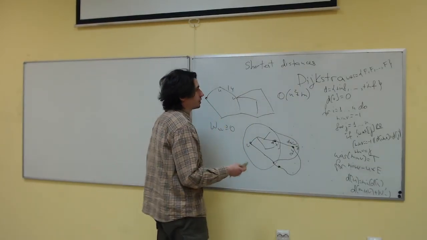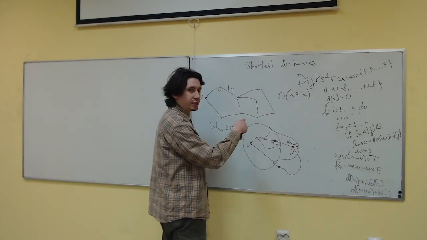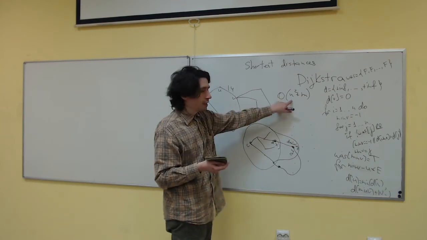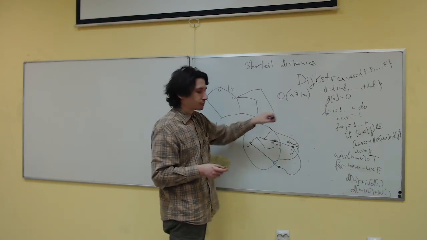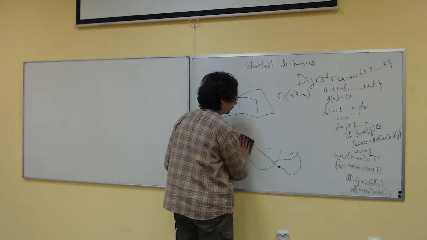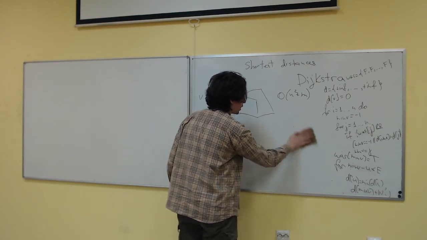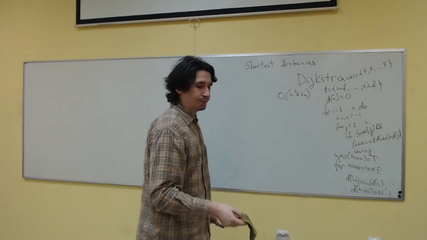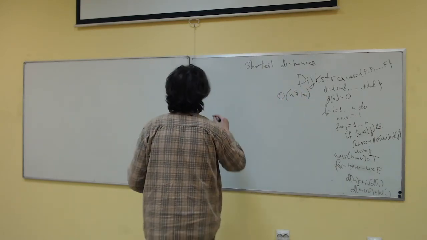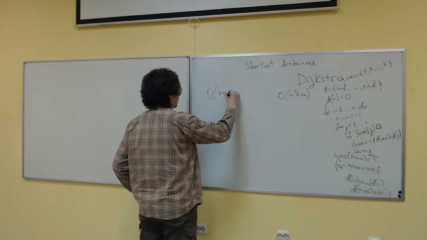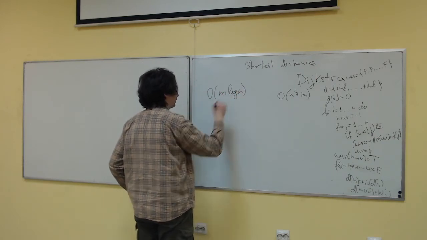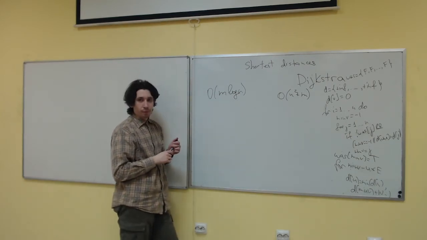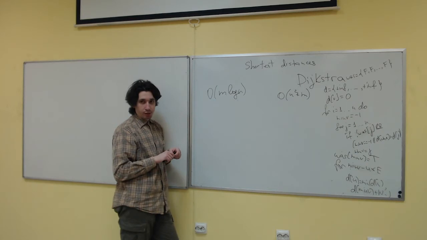This works well if the graph is dense, so that the number of edges is pretty high and almost n squared. But if the number of edges is much less than n squared, then we can improve this algorithm to O of m logarithm n time. Any ideas how to do that?